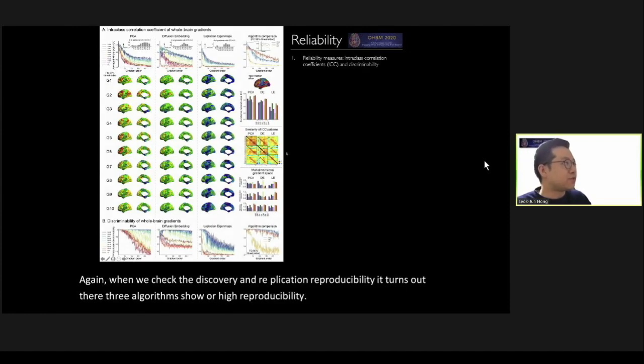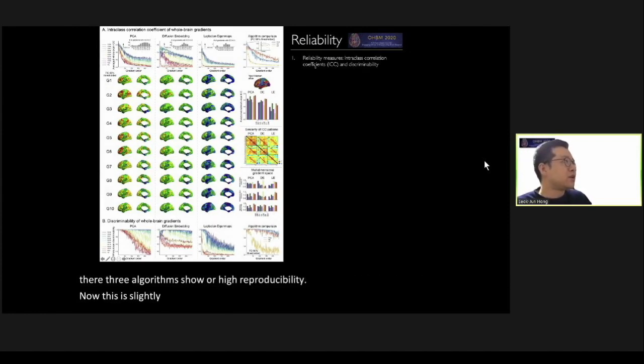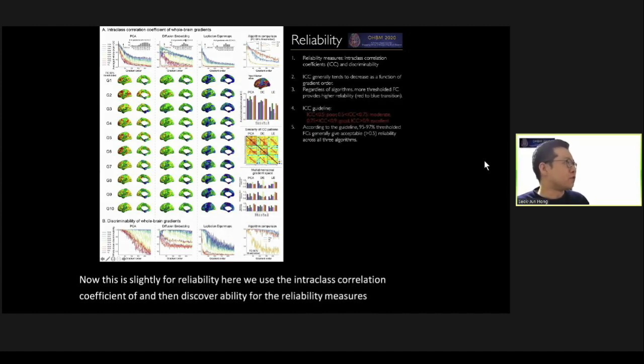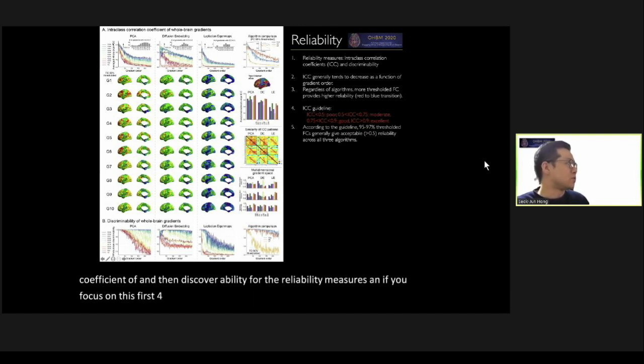Now this is the slide for reliability. Here we use the intra-class correlation coefficient and discriminability as the reliability measures. If you focus on these first 4 graphs, the ICC on the y-axis generally tends to decrease as a function of gradient order, regardless of algorithm.